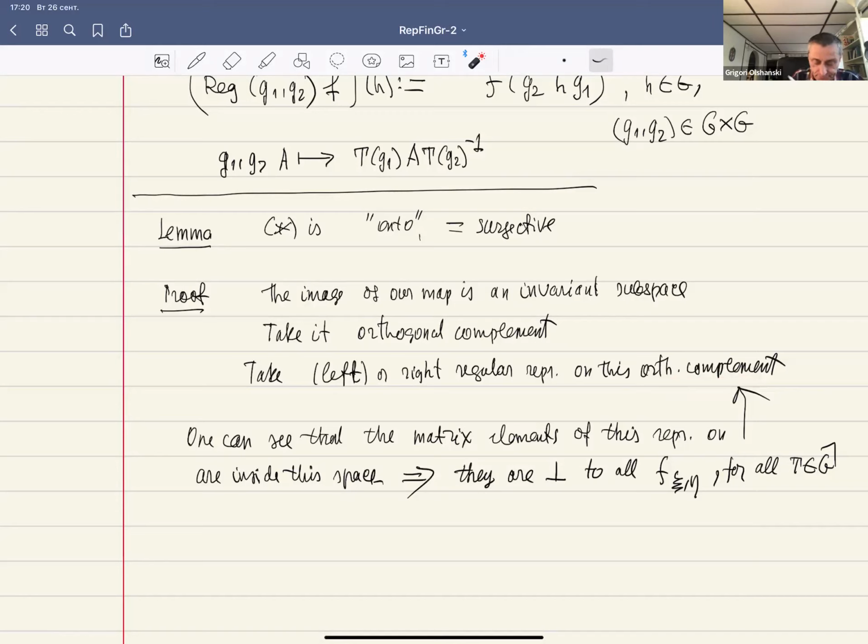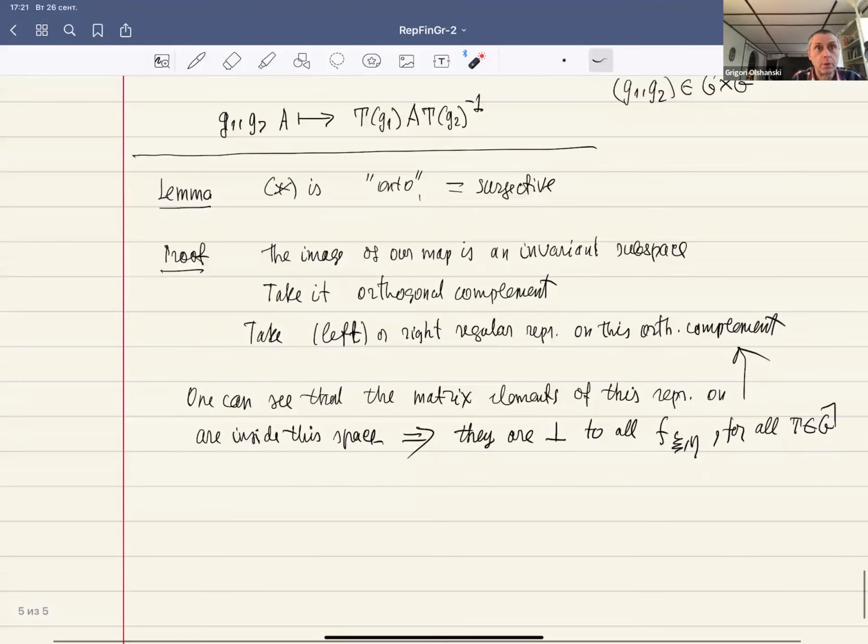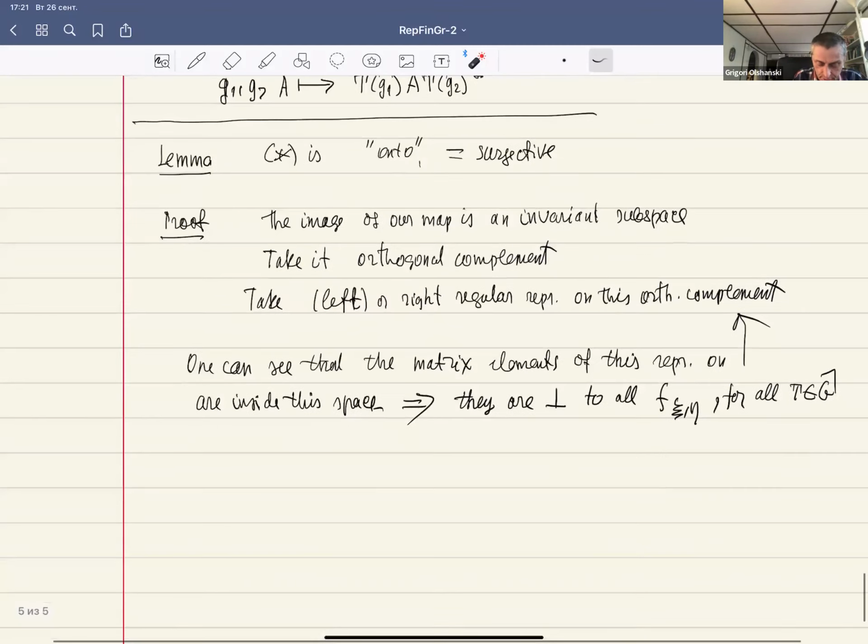So please try to verify, and if not, I will explain it later, next time, because I want to move further. So this is the conclusion. So this is the proof. So we get an isomorphism. So we have a theorem.